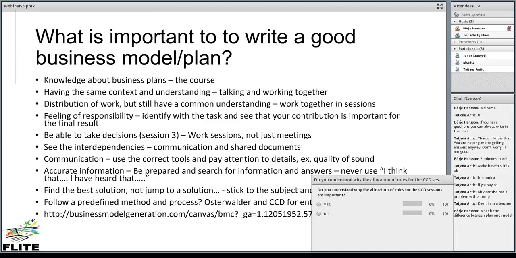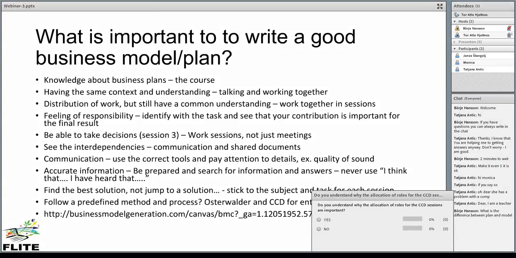In this way, by talking together and by being able to work in the same document, writing the business plan, we have a better chance of seeing how things are linked together. Because in the Osterwalder canvas model that you will use, it looks like there are 9 different topics, and that's partly true, but even so they are closely linked together. So it's important that we are able to see this.